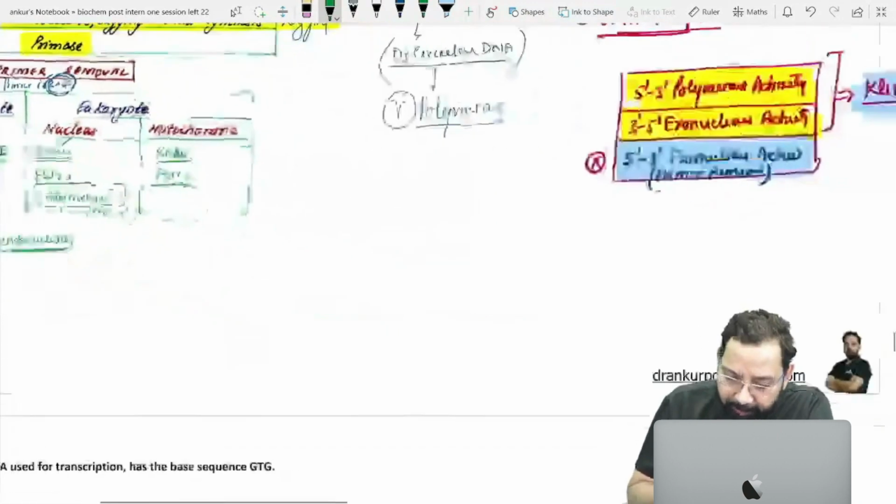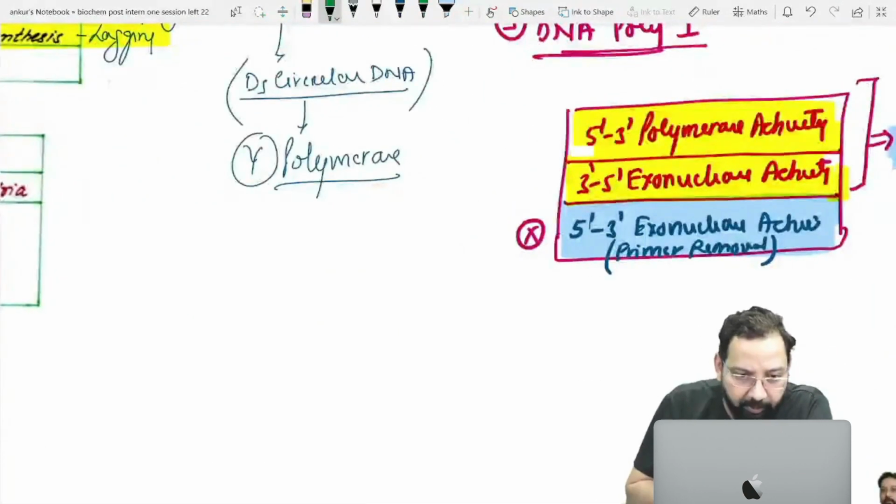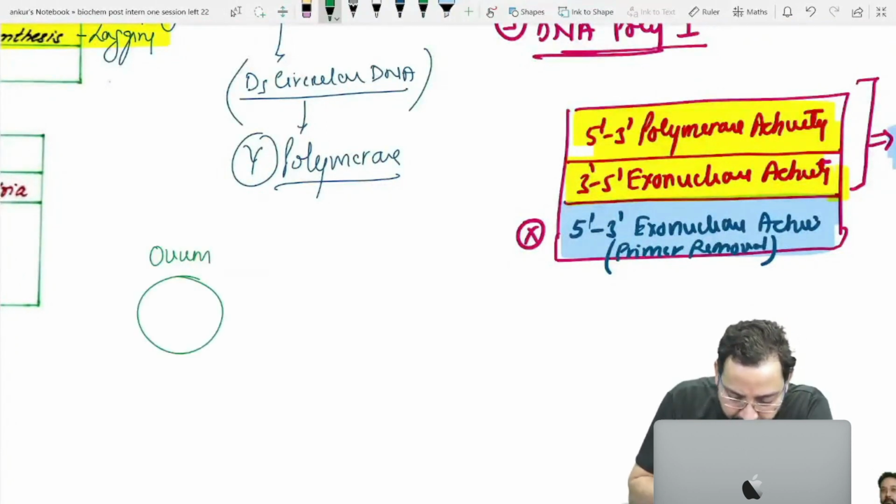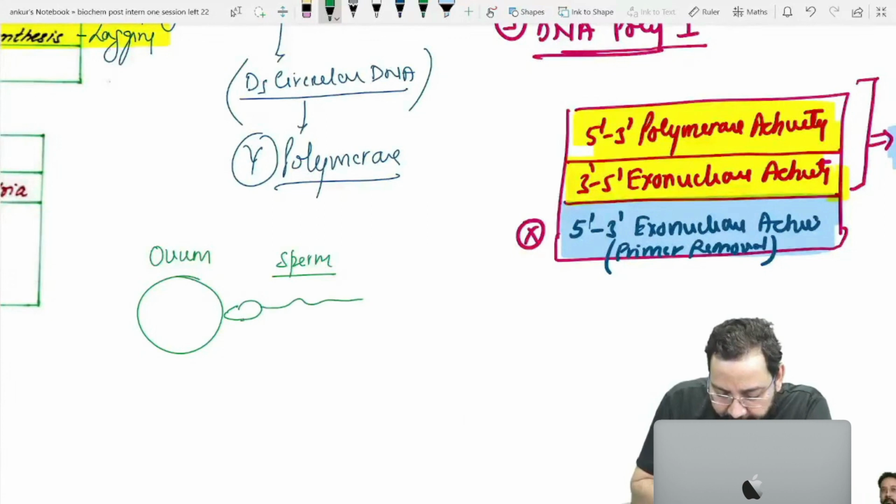Mitochondrial inheritance, you must have learned: this is the ovum, this is the sperm. In the sperm, you will find that mitochondria are not going to the ovum.